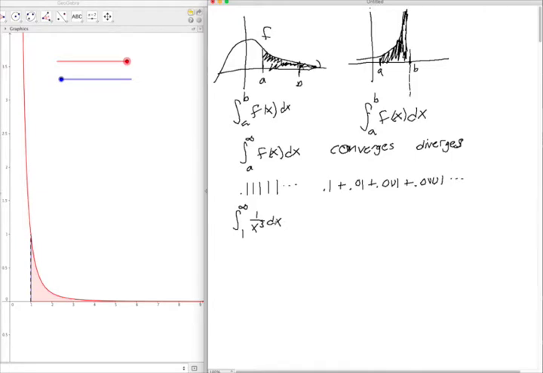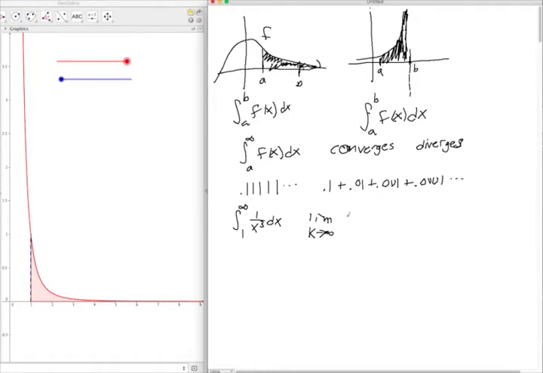dx. Now, like I said before, I don't really like that top bound being infinity, so the way we handle that, since this is a definite integral, we do it this way. We say the limit as k goes to infinity.